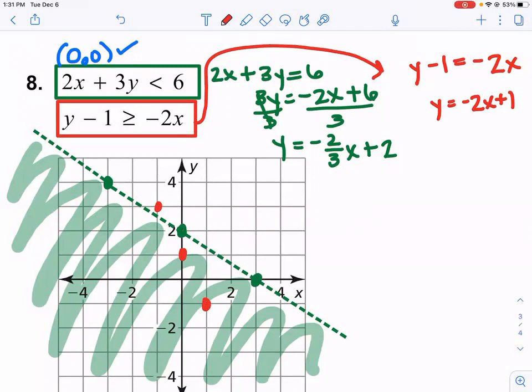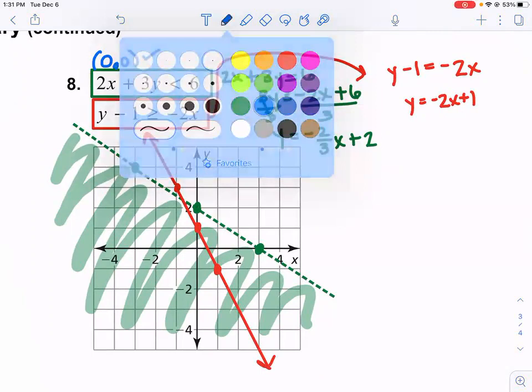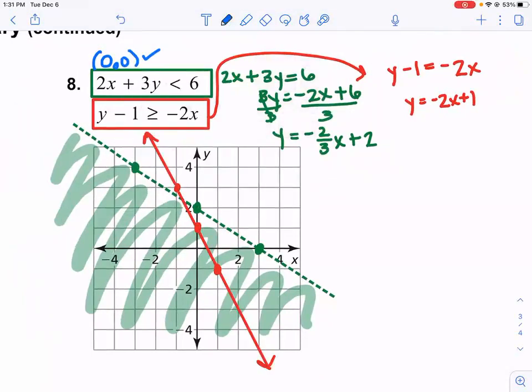Okay, so I have a y-intercept of 1 and a slope of negative 2, right? And I'm going to make it a solid line since I have that line with my inequality sign. We have the equal. We can be on the line and still be safe.